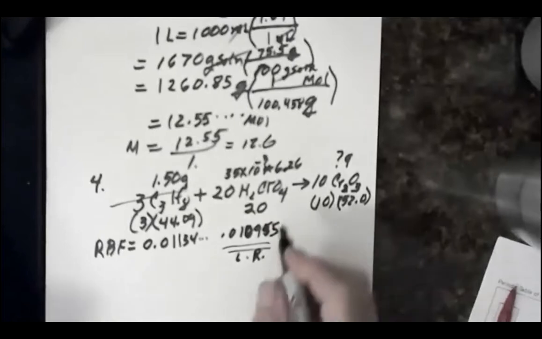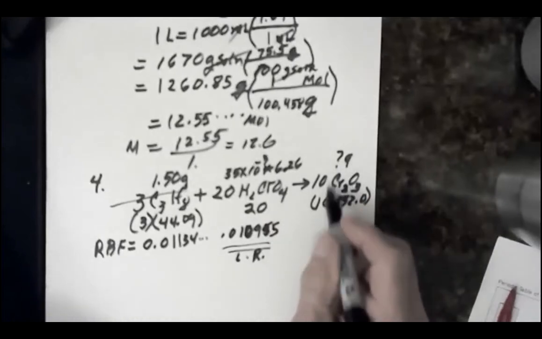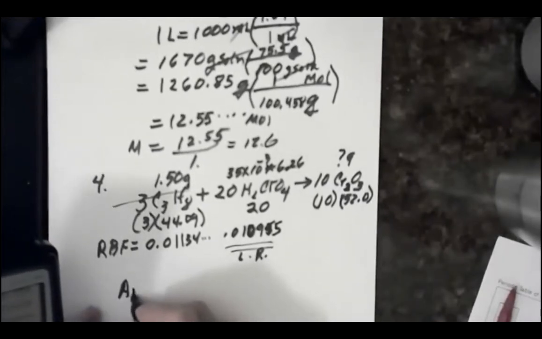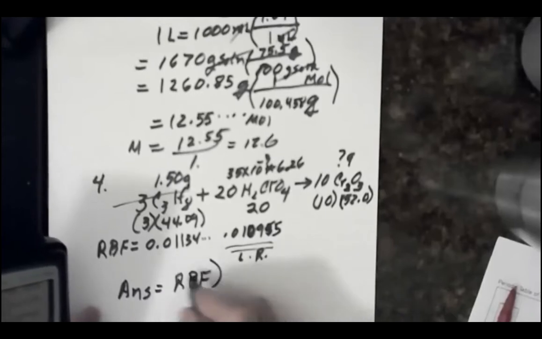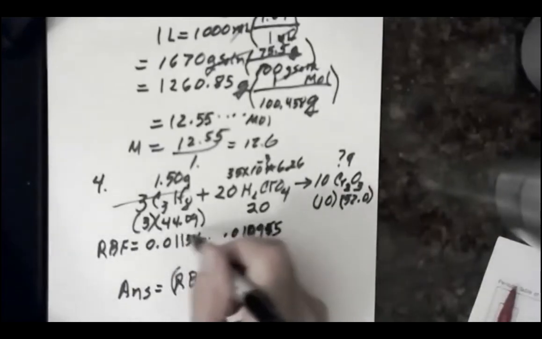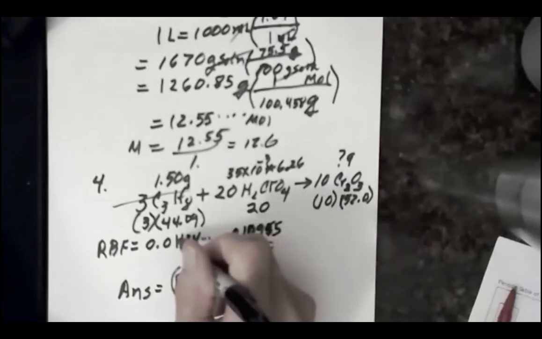So my answer is going to be this rebalancing factor times what I've got under this question mark up here in the problem. So my answer is my RBF. And when I told you about writing these things down, I wrote them down so you could see that this one was smaller than this one.